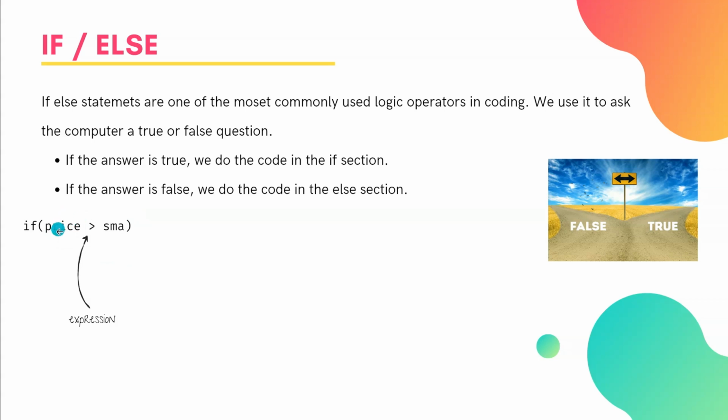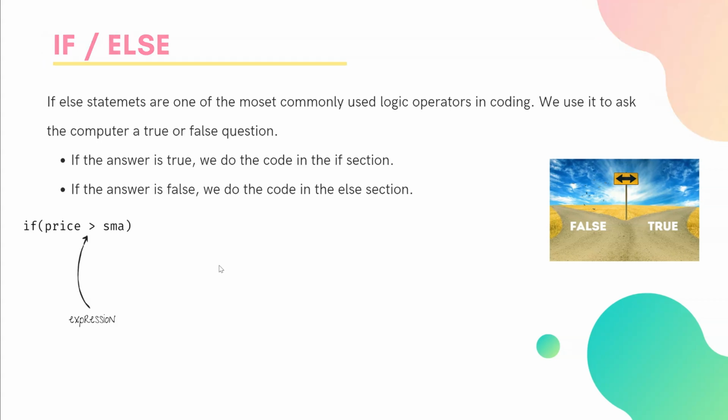So we say if the price, which we might have defined before, is greater than the value of the simple moving average, then we can evaluate whether this whole statement is true or false. Even though this is more than or less than, or we might have different ways of asking this question, ultimately what we're trying to understand is: is this statement true? If the price is above the SMA, then it'll be true. If it's less than, it'll be false.